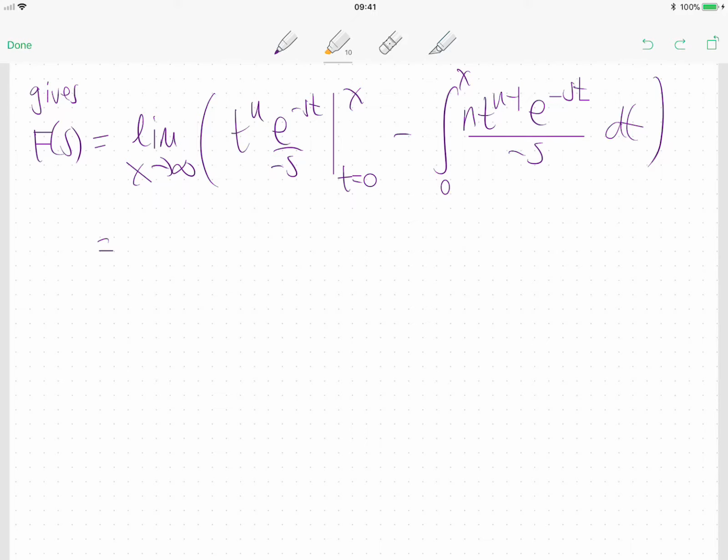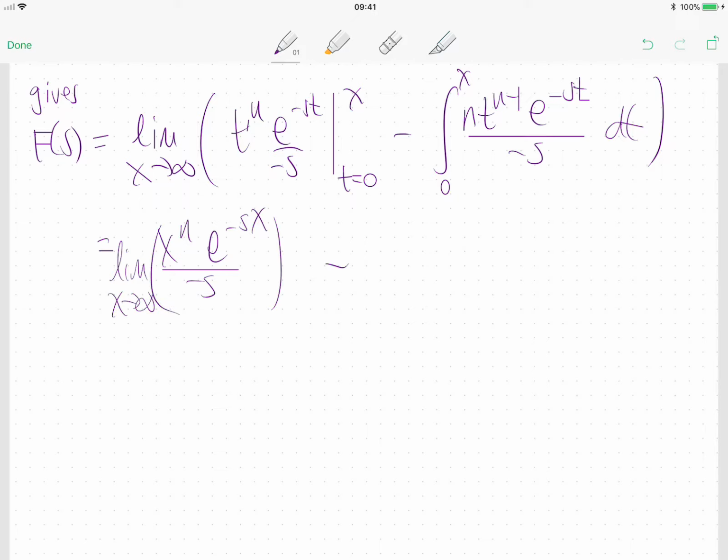So let's start with the big X. We have big X to the n e to the minus s big X over minus s. Let's put in 0. Well, that's obviously 0, so we just leave that one off. So we have the limit as x goes to infinity of this.